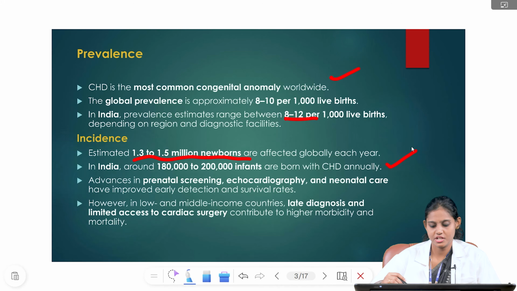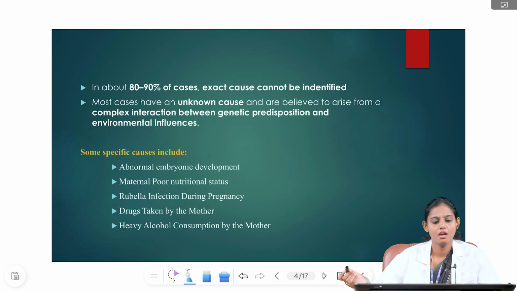In about 80 to 90% of the cases, the exact cause cannot be identified, but most cases are believed to arise from a complex interaction between genetic predisposition and environmental influences.